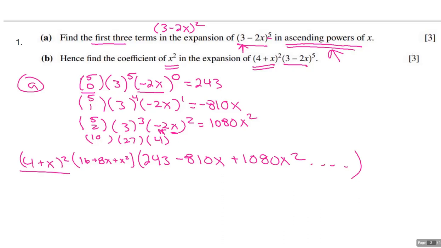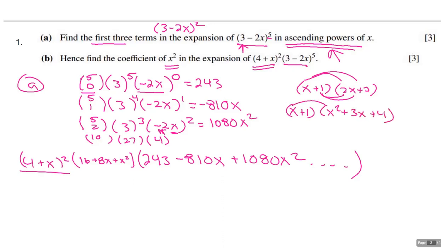I'm taking this times this. Think of it like FOIL. If I was doing x plus 1 times 2x plus 3, I would multiply everything times x, and then I would multiply everything times 1. If I was doing x plus 1 times x squared plus 3x plus 4, I would do everything times x, and then everything times 1, and I would combine like terms. You get what's going on here?